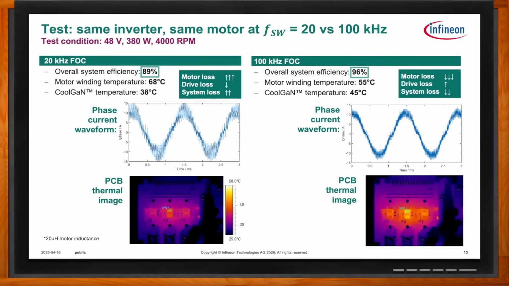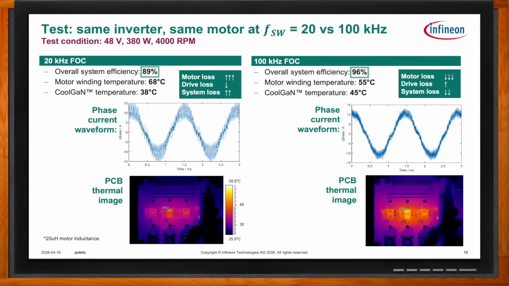And similarly, the temperature of the drive, the GaN on the motor drive, and you can see that in the thermal image below with the same temperature scale for both. We went from 38 to 45. Now, this is at a room temperature 25 degrees C, so it's not very hot to begin with, right? It's a very small temp rise and it went up a little bit.